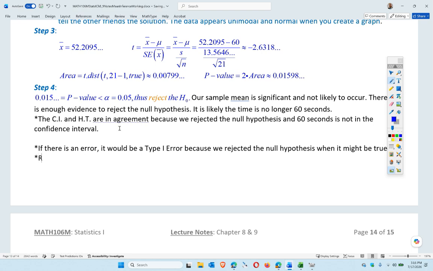Okay, so removing the outlier does or does not change the outcome.